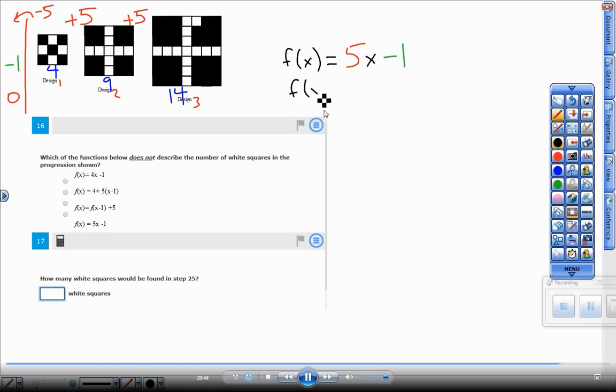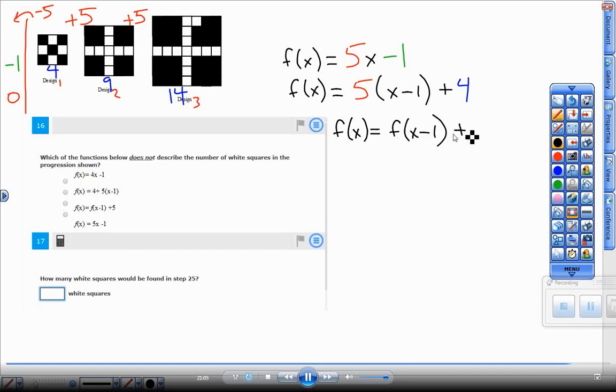The second one, that same 5 number, but times x minus 1 plus the first term 4, and you can see that matches that, but just a different order. And then the recursive form, f of x equals f of x minus 1 plus 5, that same d number 5.